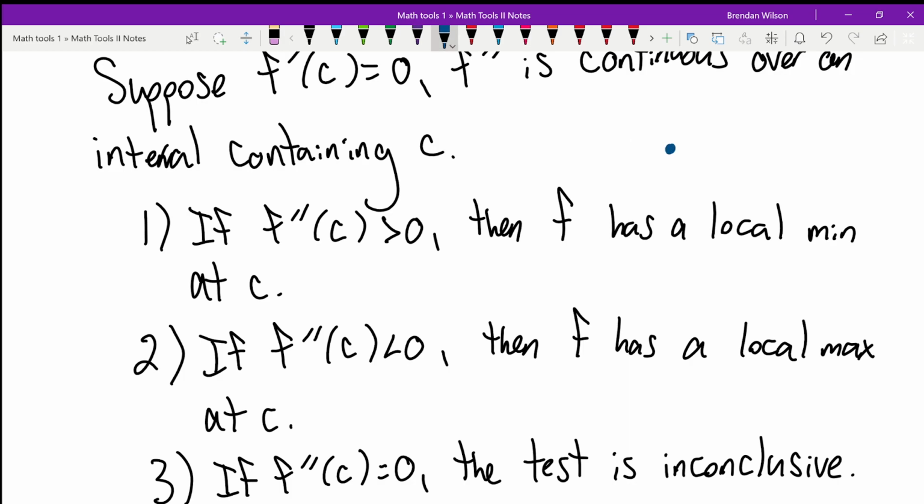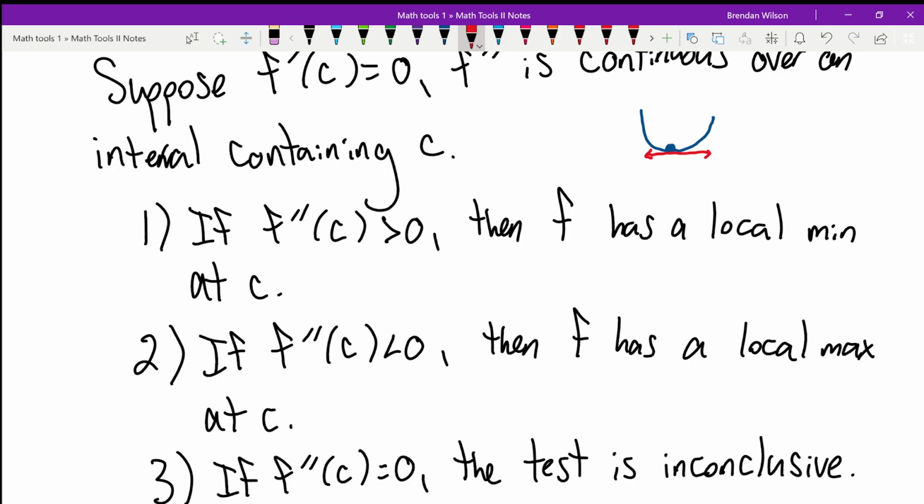If we have a local min, the first derivative is 0 at that point. The second derivative being greater than 0 means that the tangent line at that point is underneath the graph, right? So that's going to happen when we have this kind of shape that we get from a local min.